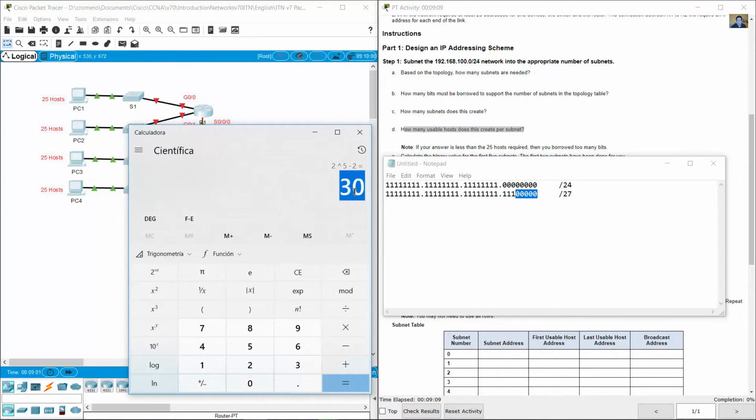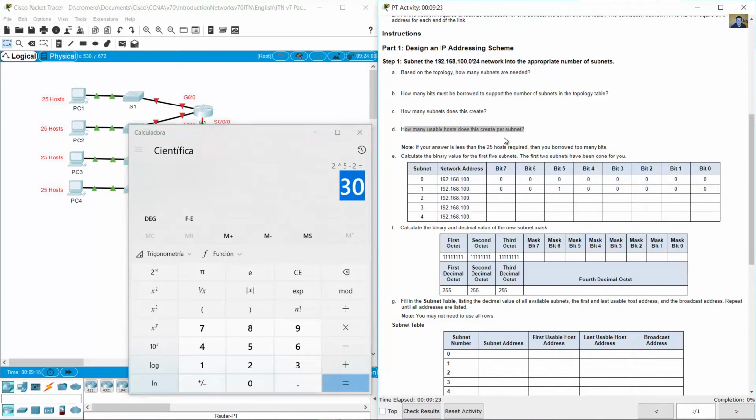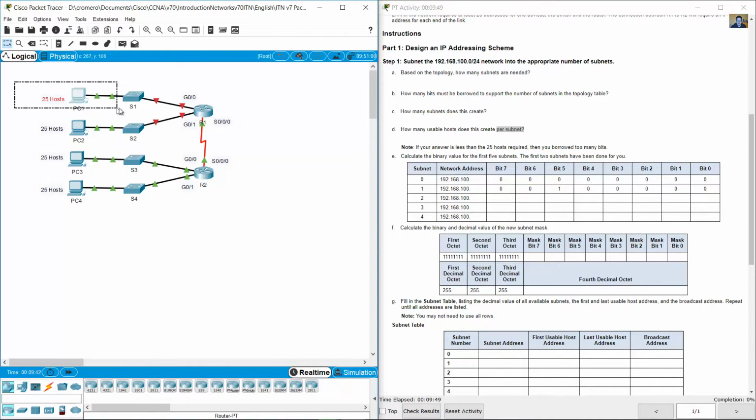The answer is 30 hosts. Usable hosts per subnet supports 30 hosts, and 30 hosts is a good number to support 25 hosts in each subnet.